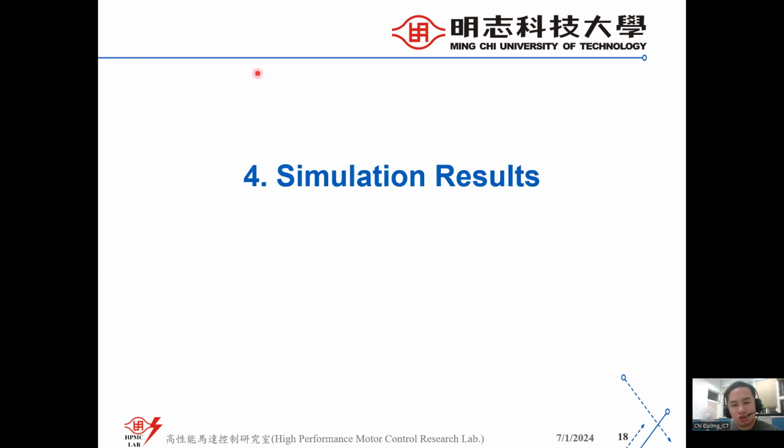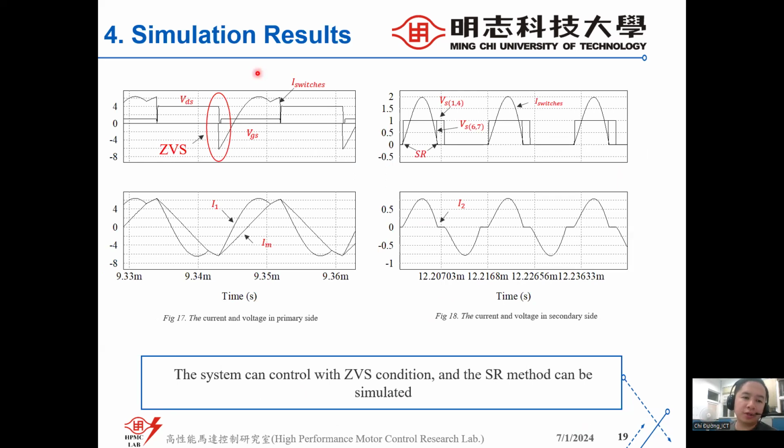About the simulation result, you can see the current and voltage in the primary side, and we have zero voltage switching condition in this switch, and the primary side current and magnetizing current are the same as we analyzed before.